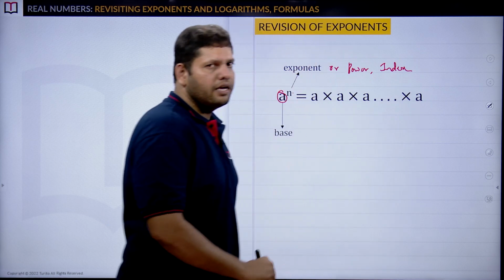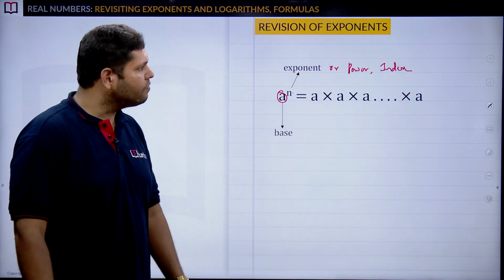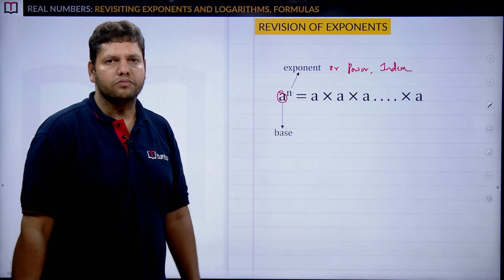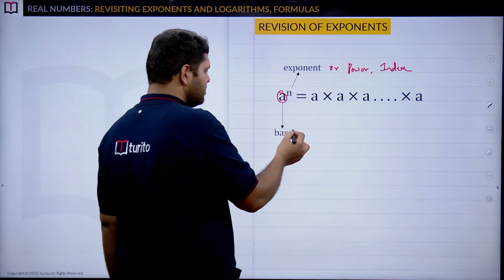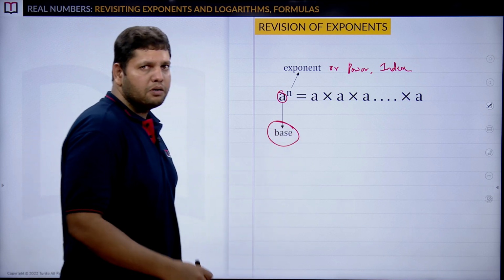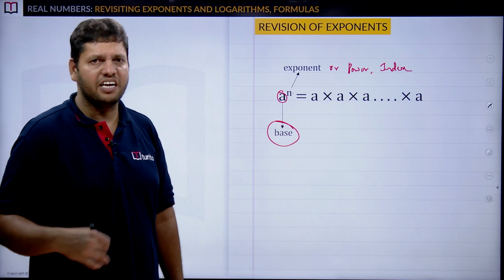Here a is directly the base, the number which you multiply continuously, n times or 6 times or 10 times or 20 times, whatever it is.